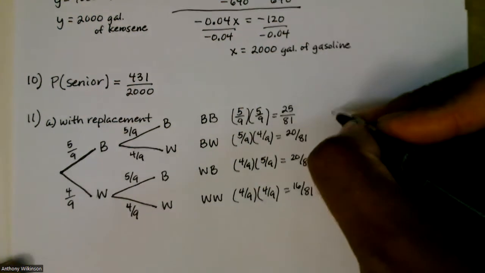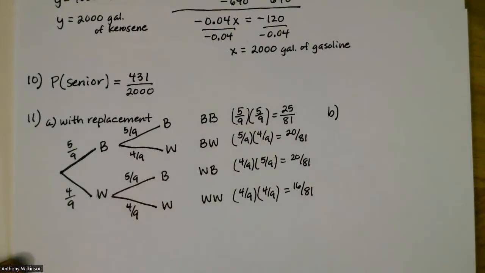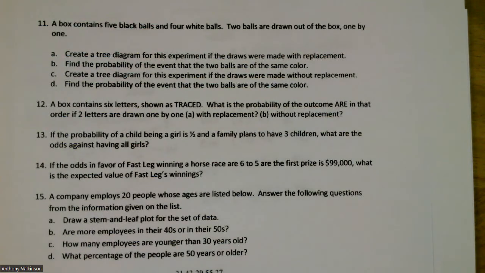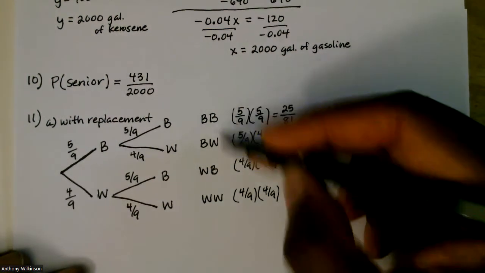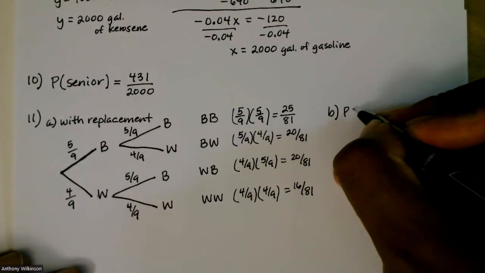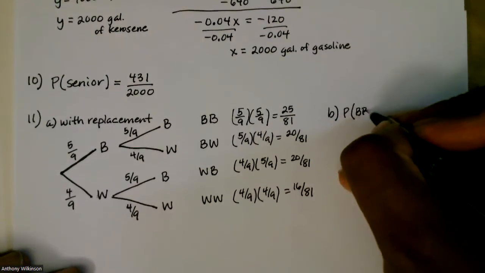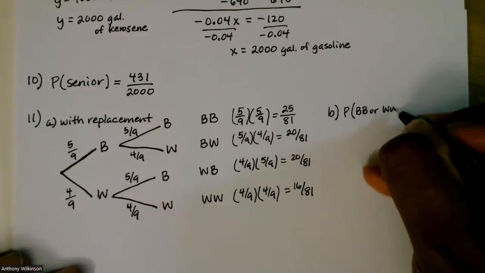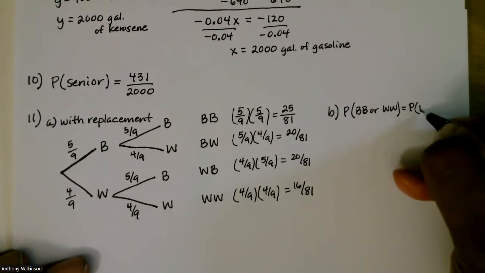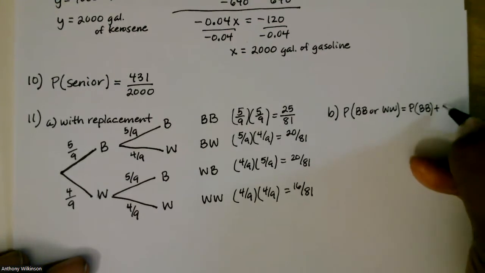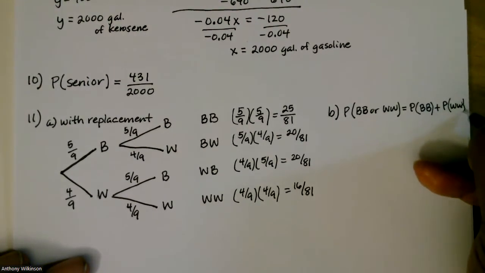Now part B, which I'm going to do here off to the side, they want, in this case, to find the probability of the event that the 2 balls are of the same color. So in this case here, the same color would be a black and a black and a white and a white. So the probability of selecting a black and a black or a white and a white, they're both the same color, that would be the probability of a black and a black plus the probability of a white and a white.